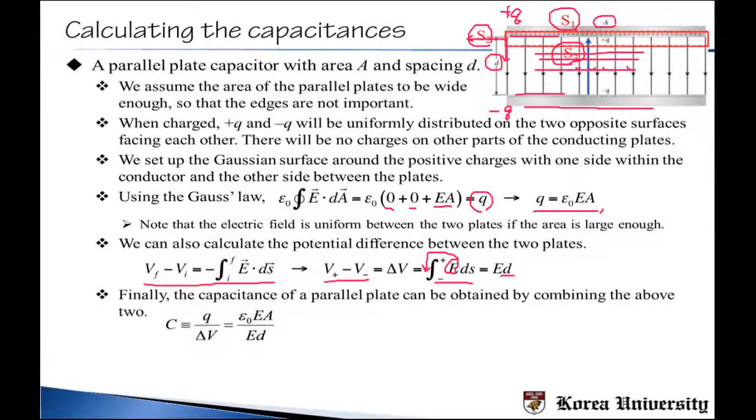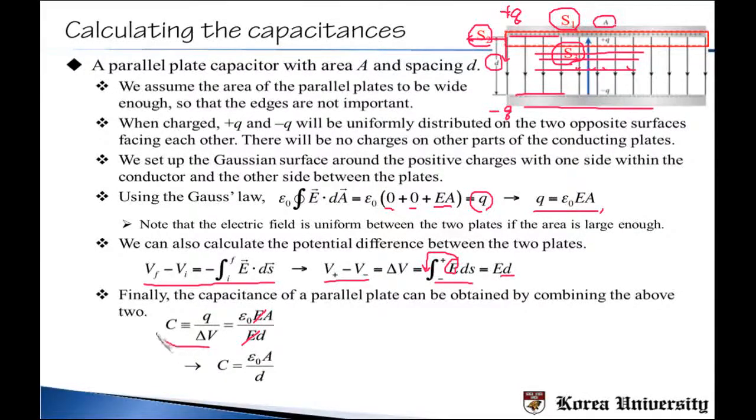So we just said the Q is epsilon naught multiplied by EA, and delta V is Ed. So therefore, electric field disappears from this equation, and finally we get the capacitance of the parallel plate capacitor, okay, which is epsilon naught A divided by d.